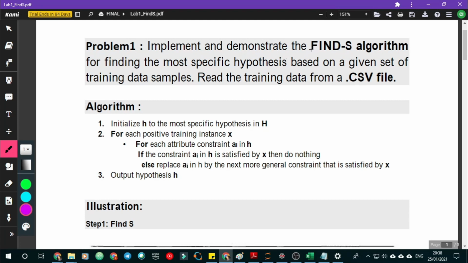So we need to concentrate on the algorithm first, that is the Find-S algorithm, and using the Find-S algorithm, we are finding the most specific hypothesis. Okay, what is a hypothesis? Hypothesis is an assumption, and we are predicting something, so we are assuming something on the basis of a few data samples.